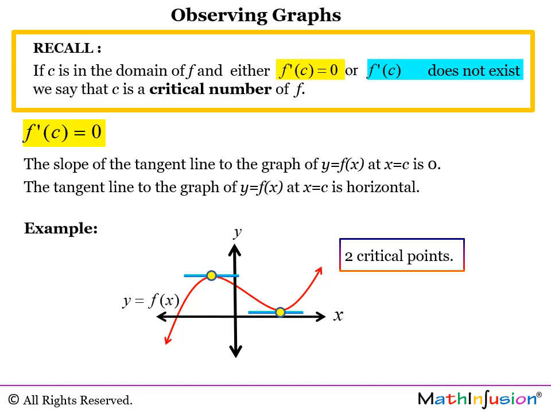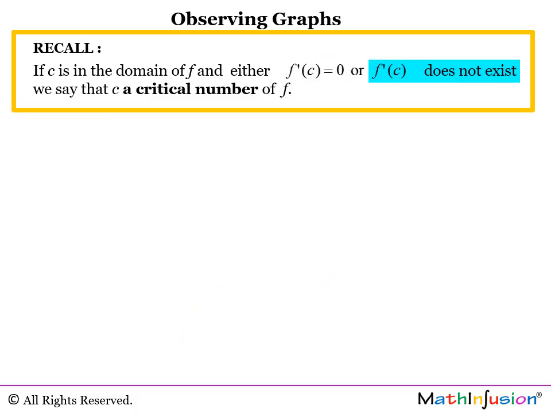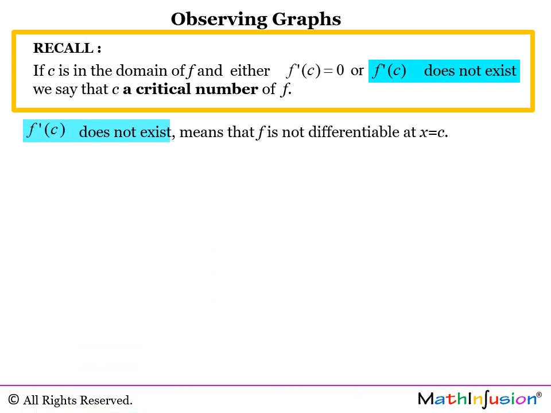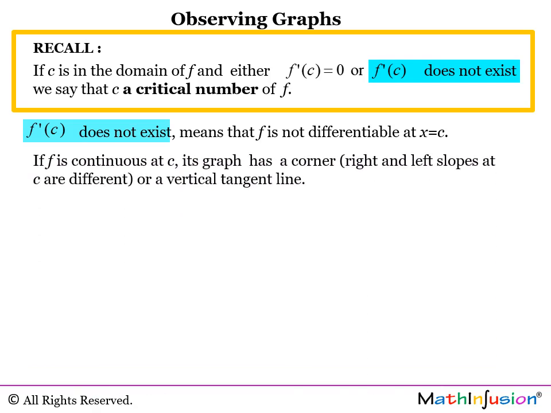If you look, this function is differentiable everywhere, because we know already how to observe a graph to find out if a function is differentiable or not, and this one is differentiable everywhere. Now let's focus on the other kind, when f'(c) does not exist. This means now that the function is not differentiable at x equals c.